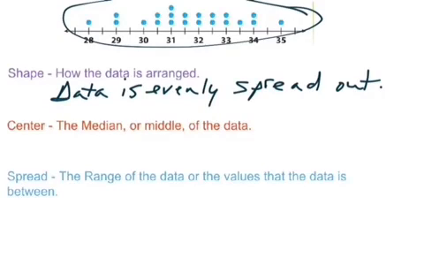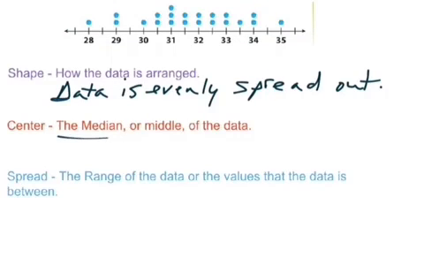So now let's move on to the center of the data. In center, we're looking for the median, or the middle of the data. Well, I circled it earlier, but the real median tends to be where you have your concentration of numbers. 31 is where we have the most of the numbers, and really between 31 and then you could probably include 30.5 or 31.5 right there if you wanted to.